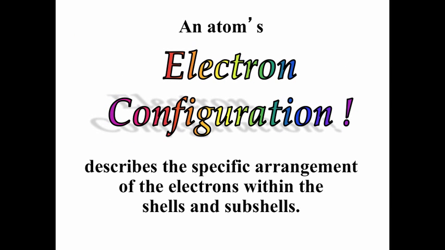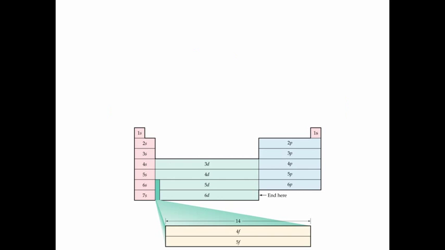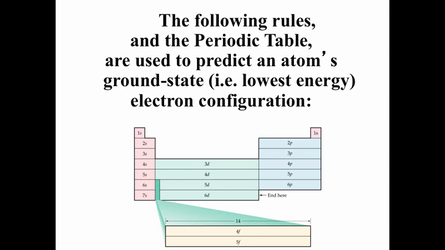So an atom's electron configuration describes the specific arrangement of the electrons within the atom and within the shells and subshells. And we can use the rules that are about to follow, the structure of the periodic table, and put those together to predict what's called a ground state, which is the lowest energy electron configuration for an atom.